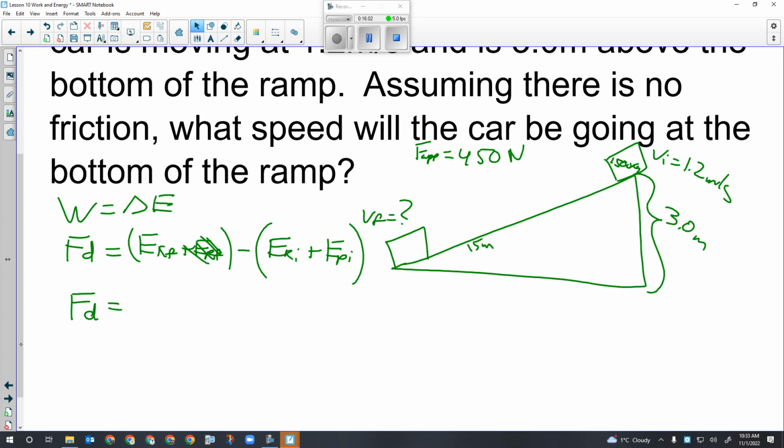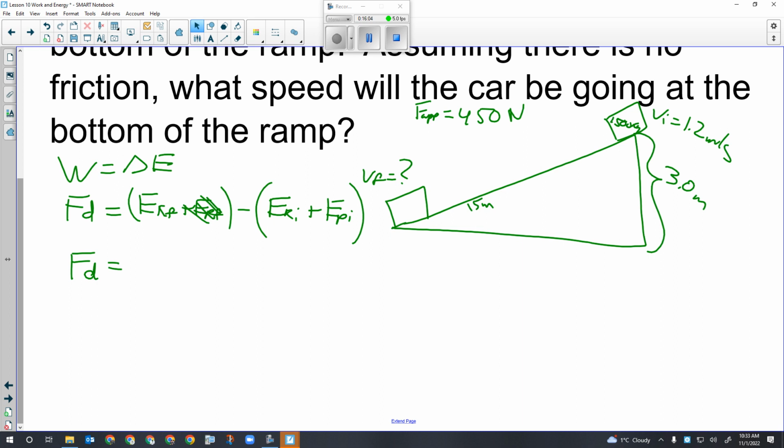So what I'm doing then is I'm going to add the initial mechanical energy to the work. Does everyone follow what I'm doing there? I'm just taking this whole thing here and bringing it over here. So what I'll have is that my change in energy plus my initial energy equals my final energy.